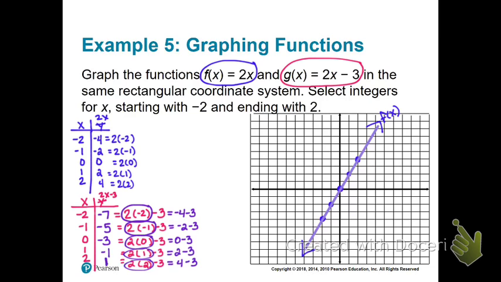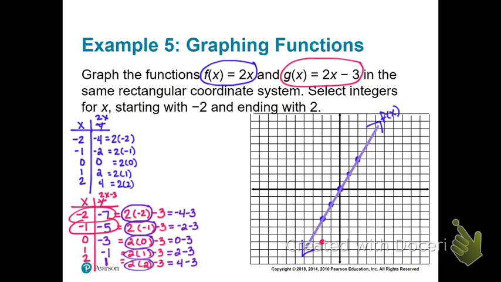Alright, so we got our table finished, so now let's go ahead and plot our points. So my first one is at -2, -7. So from the origin, go left 2, down 7. And then negative 1, negative 5.